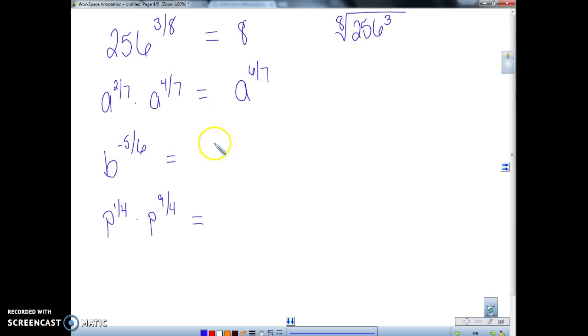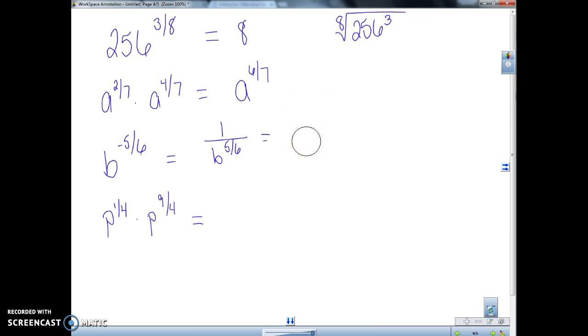The next one, b to the -5/6 is the same thing as 1 over b to the +5/6, which means you have 1 over the 6th root of b to the 5th. Our problem is we can't have a radical on the denominator.